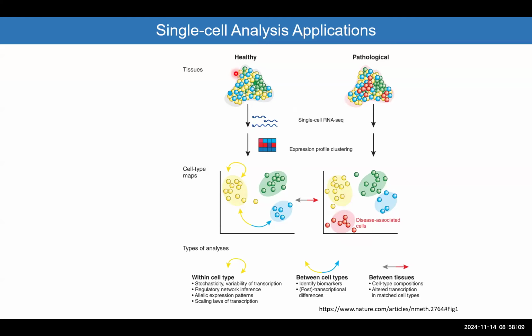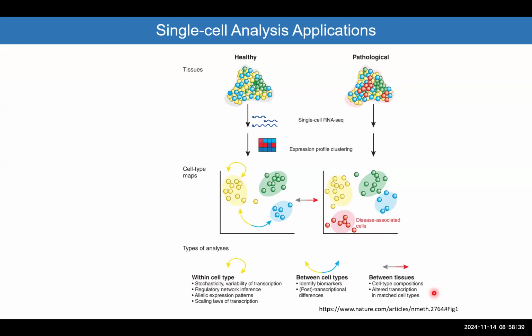You can say, in a healthy subject there are these three cell types, which I can see are also in the pathological condition. But here is a cell that shows a totally different transcriptional profile that is only present in the pathological condition. So these cells could be either adaptive for the disease or they are the cause of the disease. And then you can start to ask all these questions that are raised down here in the slide.